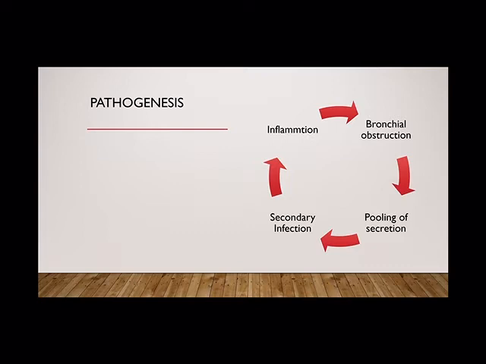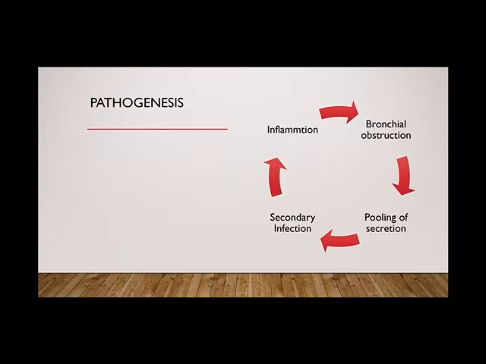After a TB, when the lymph node gets enlarged, that is also obstructing. This is called Brock syndrome. So in all these cases, foreign body, tumor, lymph node enlargement, when it causes bronchial obstruction, the obstruction will lead on to pooling of secretions, which will lead on to secondary infection and inflammation.